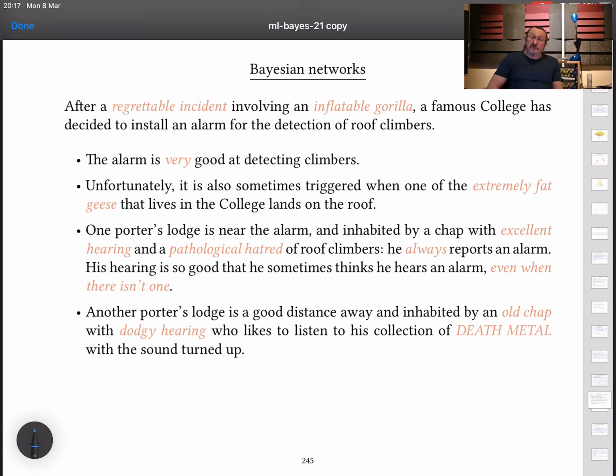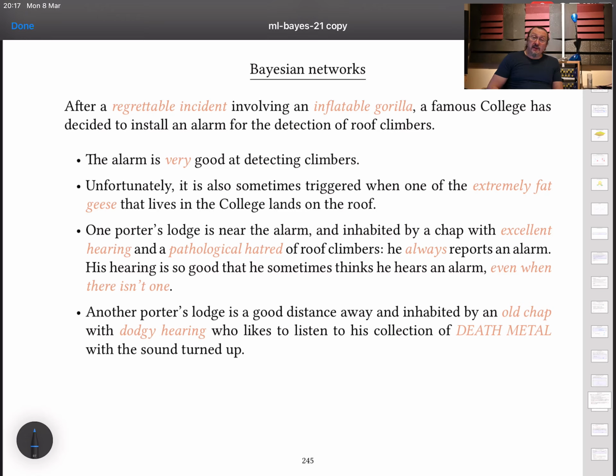One porter's lodge is located near to the alarm, and the porter inside that lodge has excellent hearing and a pathological hatred of roof climbers. And he will always report an alarm, and in fact his hearing is so good, he sometimes thinks he hears an alarm, even when there isn't one.